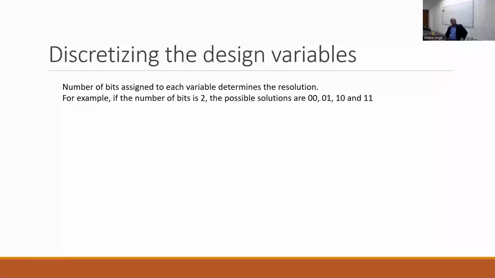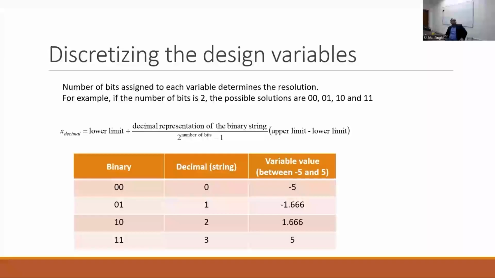The number of bits assigned to each variable determines the resolution. And here's some example again. So like we just use 2 bits, okay? Just to clarify the point that you're making. That binary would be 0 0, 0 1, 1 0, and 1 1.